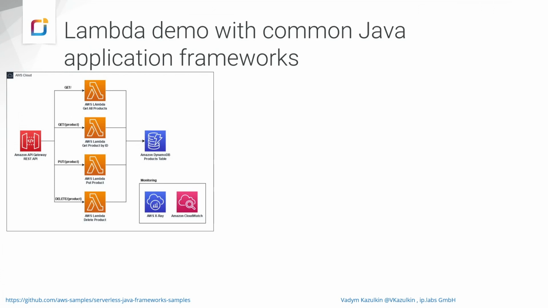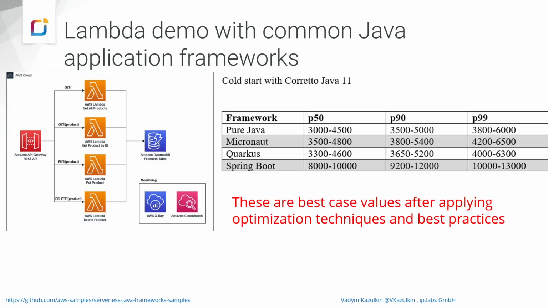Everything is serverless. And now we will see what the numbers of the cold start phase are, and these are best case numbers. With pure Java, without any framework, at P50, with 50% probability you have between 3 seconds and 4.5 seconds. And P99 can be bigger.